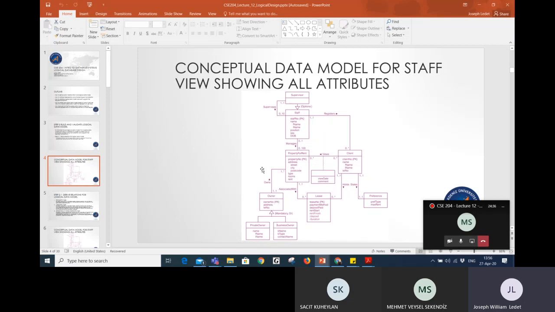This got rid of that problematic relationship between private owner and business owner, where we had to write little notes to say that it must have one of these but not the other. So if this is our final conceptual ER model, we want to know how we are going to take this and make relations out of it.